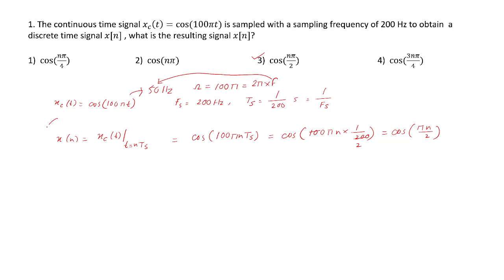The frequency component of xt is 50 hertz, therefore your Nyquist rate is 2 times 50, 100 hertz. So when you are sampling at 200 hertz, you are over satisfying the Nyquist rate, which is good. Why? We will come to that at a later point of time when encountering a problem mentioned later.